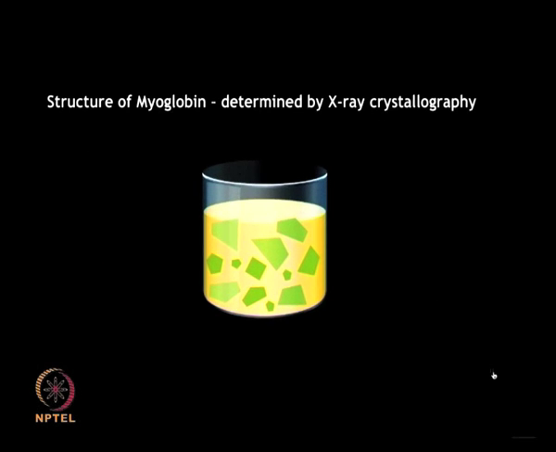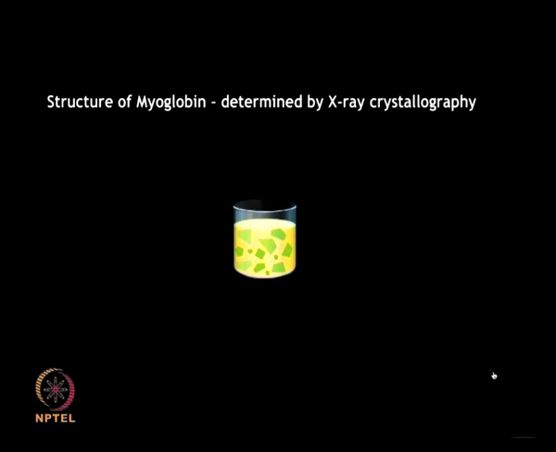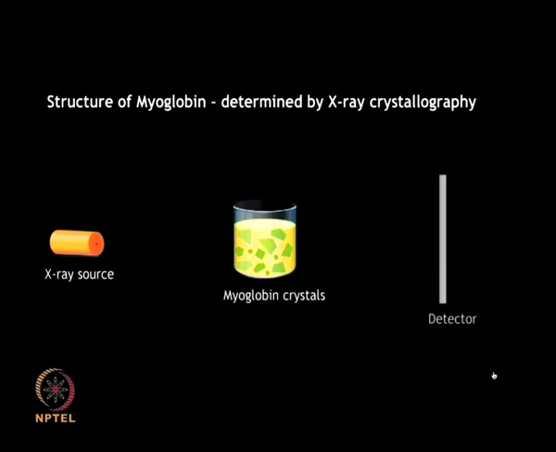X-ray crystallography is a very useful visualization technique that facilitates the determination of 3-dimensional coordinates of atoms in a protein. Myoglobin was the first protein whose structure was determined by X-ray crystallographic studies.